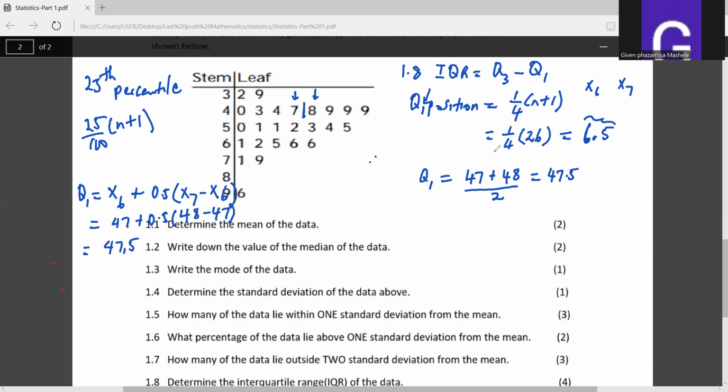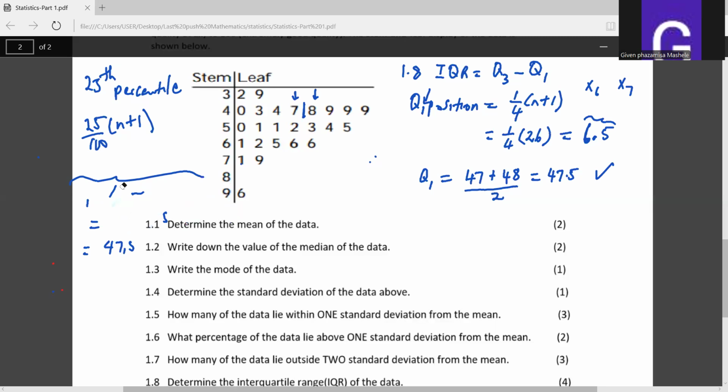But in our syllabus we do not use interpolation, and it's not shown in most of the textbooks, so we're not going to use this. Let me not confuse you guys.